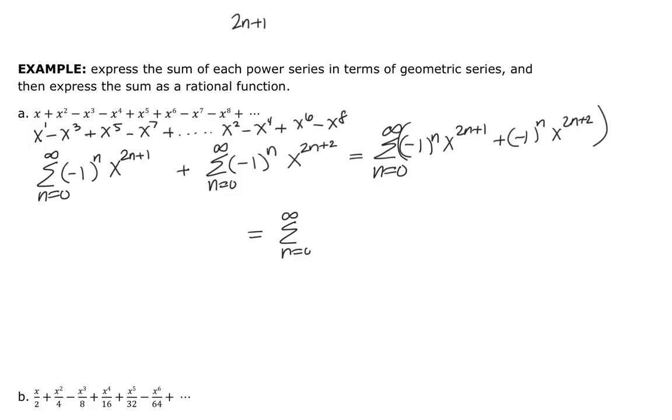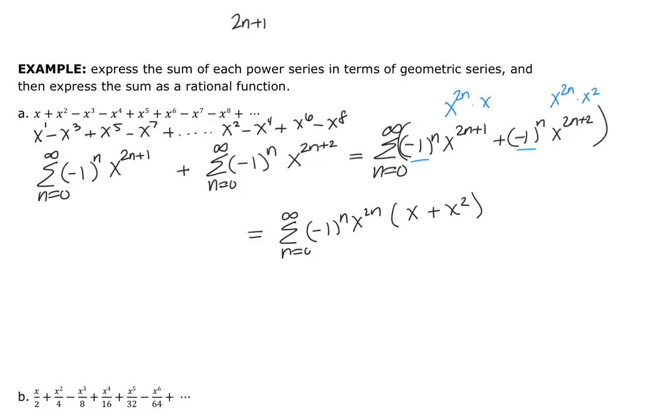I can factor out -1 to the n because it's common here and here. I can write this as x to the 2n times x, and this as x to the 2n times x squared. So I can factor out x to the 2n, leaving me x plus x squared. So I've written it as a series.